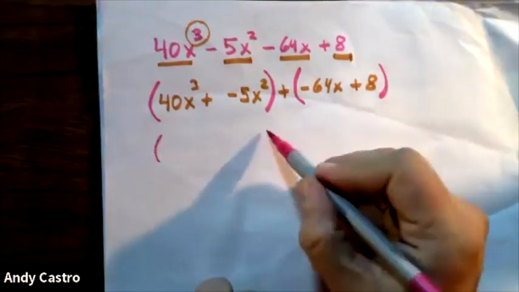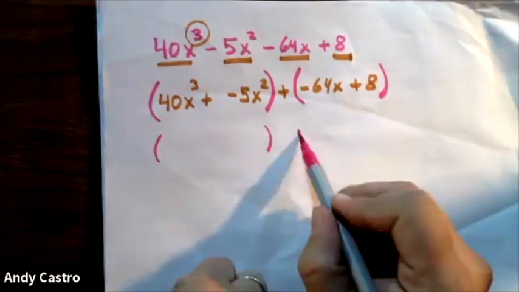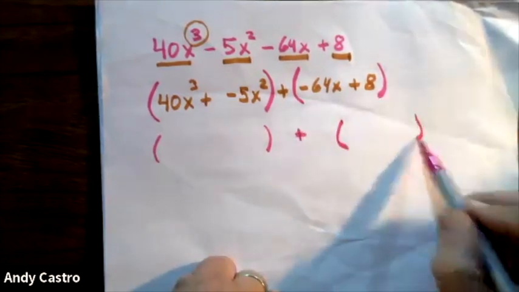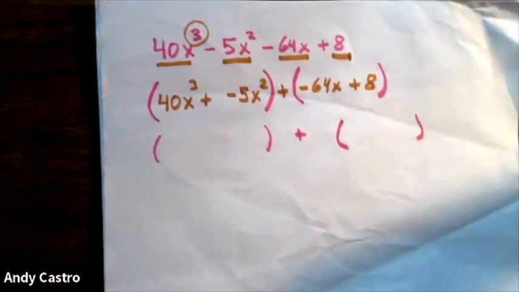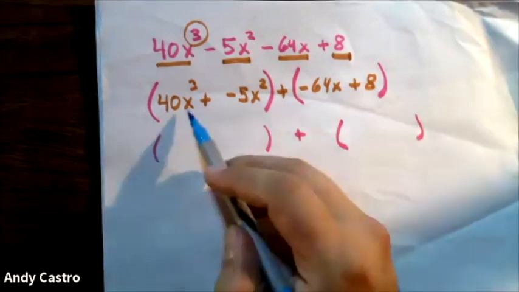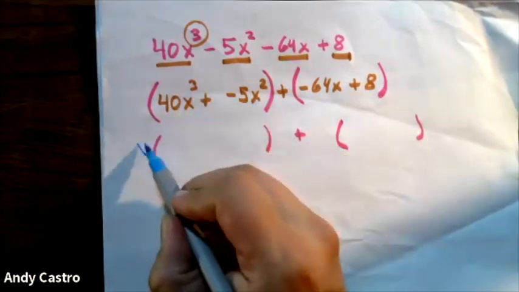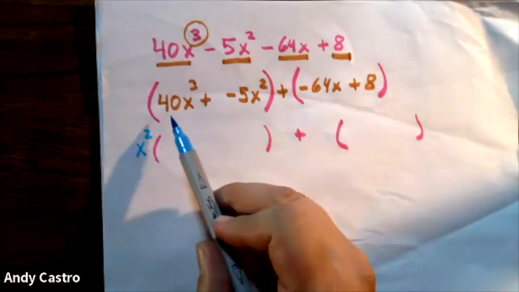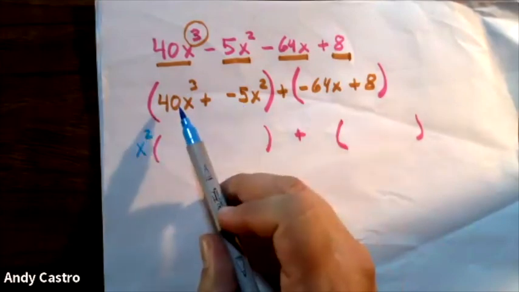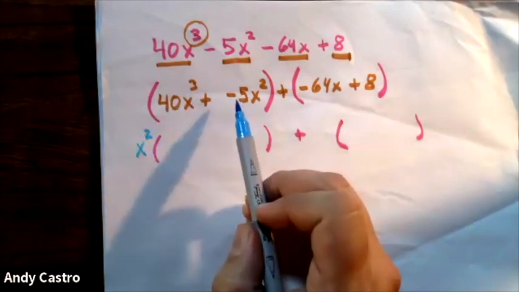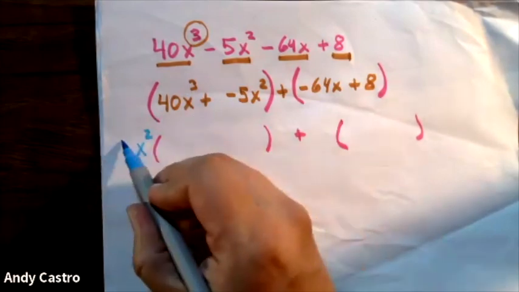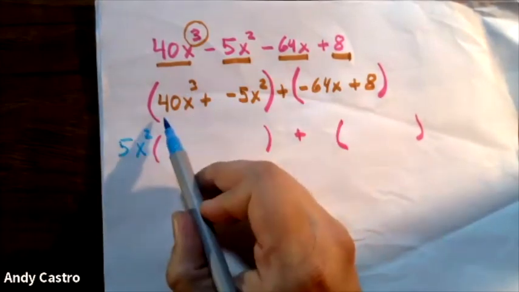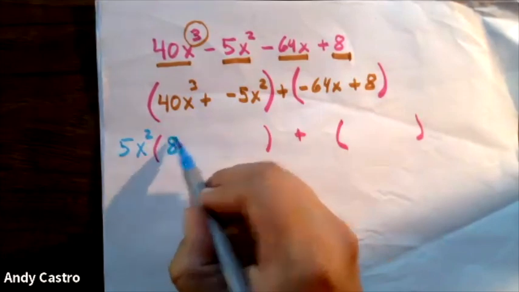So here I've got, go ahead and write this. All right, out of the x cubed and x squared, I can pull an x squared. Out of the 40 and the negative 5, I can pull a 5. If I pull a 5 out of the 40, I'm left with an 8.